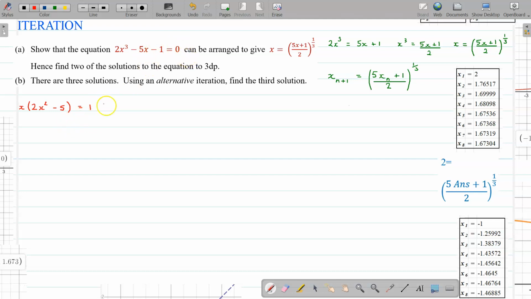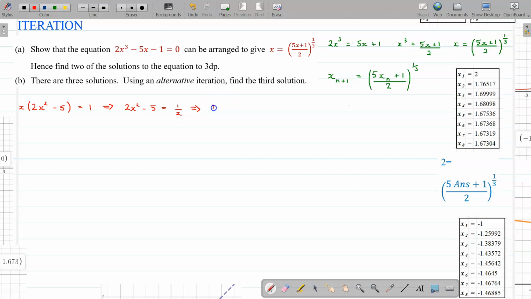So what I've done is I factorised out the x from here, and I put the 1 on the other side. All right. Okay, so from here I'm going to divide both sides by x to give me 2x squared minus 5 equals 1 over x. Okay, and at that point I could now add the 5 to both sides.